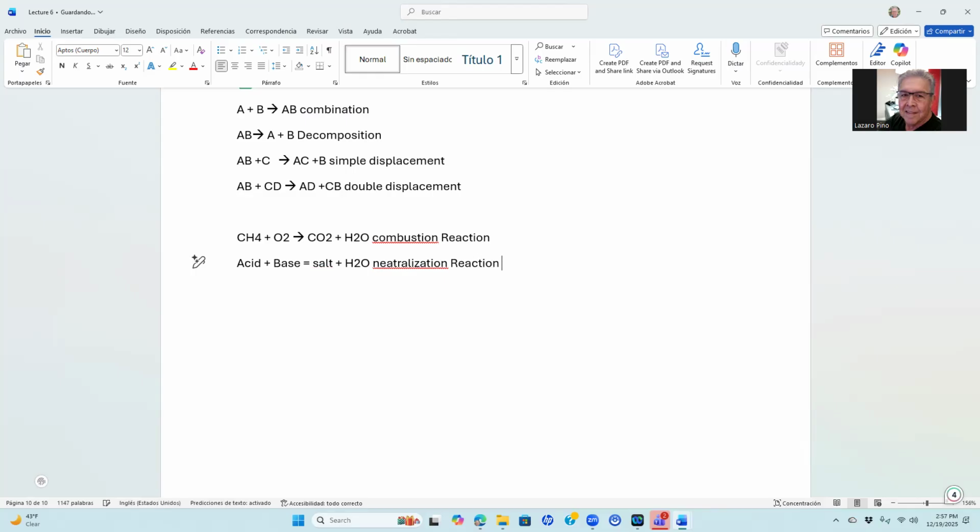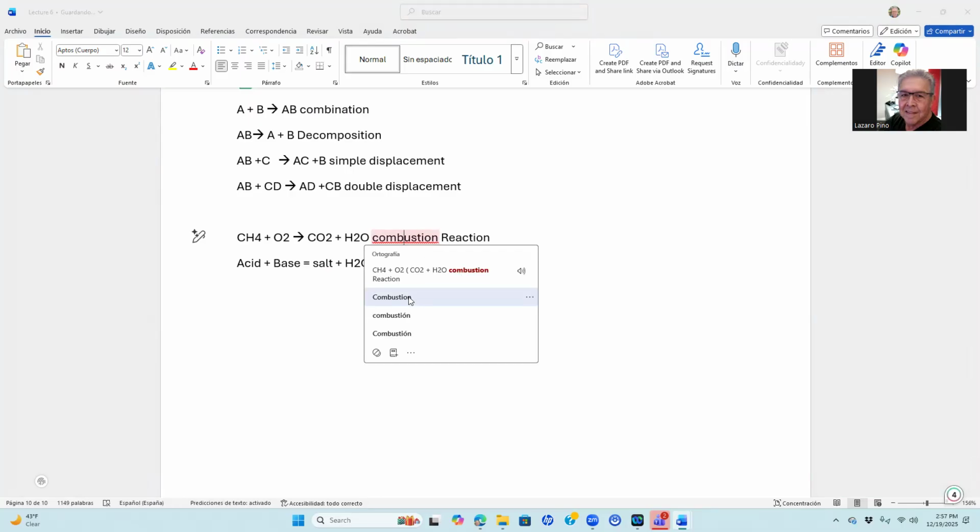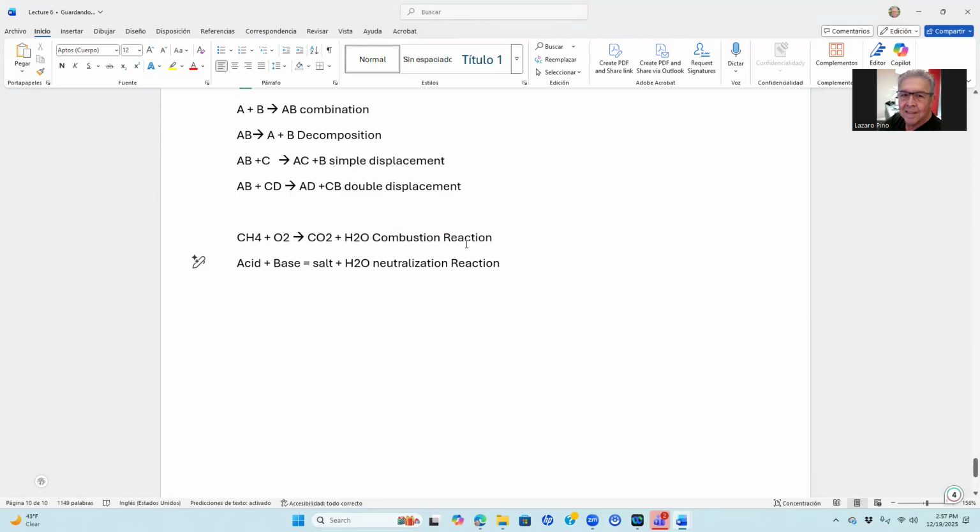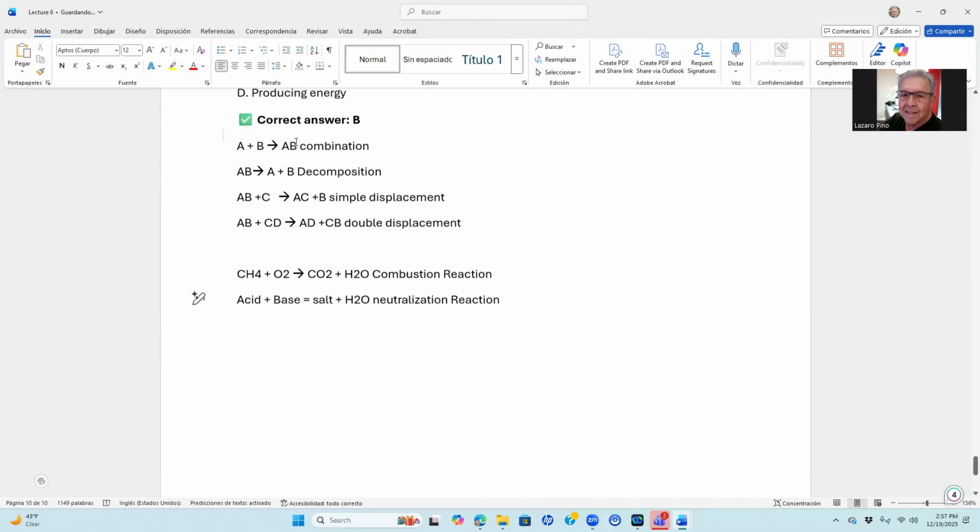Whenever you have an acid and a base and you get water and a salt, you are in front of a neutralization reaction, and here a combustion reaction. Well, these are the different types of reaction, the classification of chemical reactions.